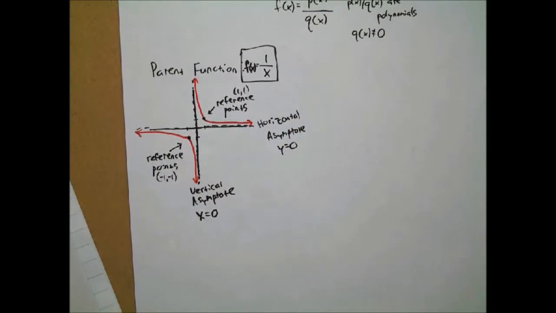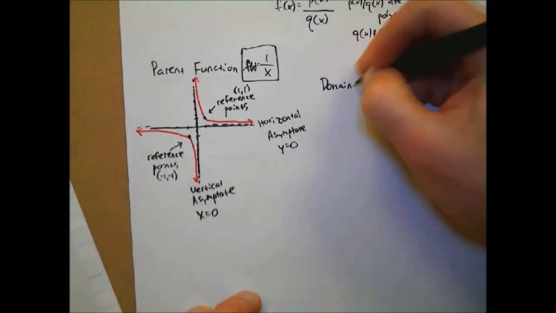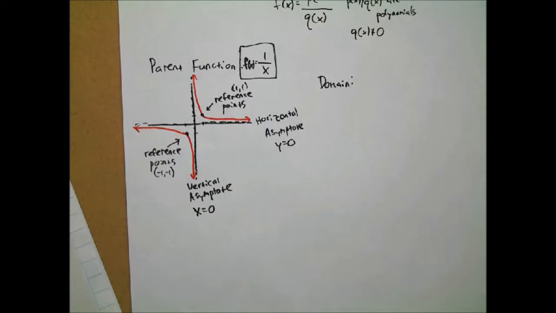All right. Questions on any of this stuff so far? All right, good. So then, what would we describe the domain for this to be? Is it negative infinity to infinity? It's pretty close, isn't it?